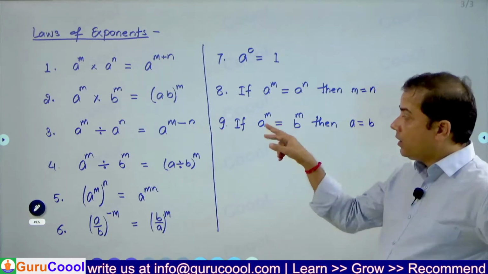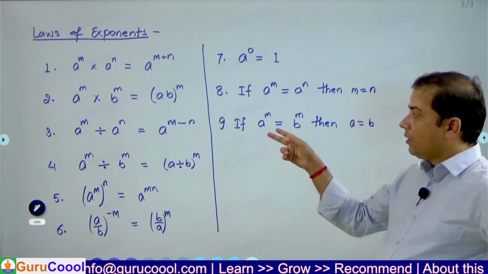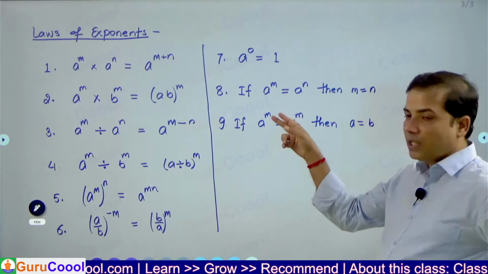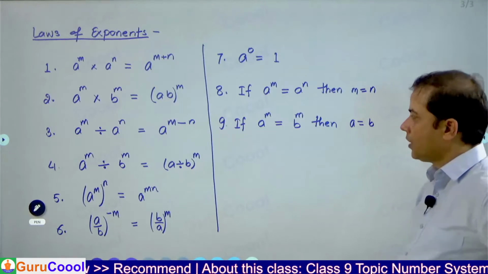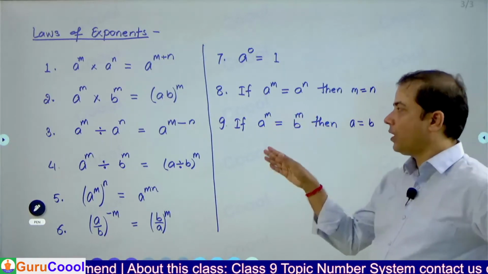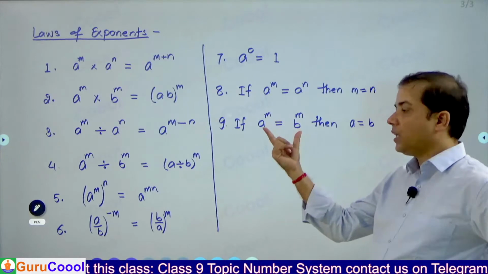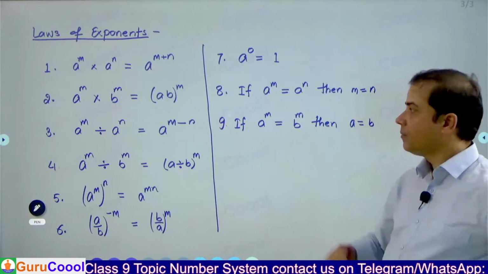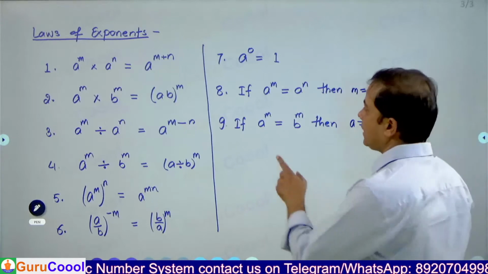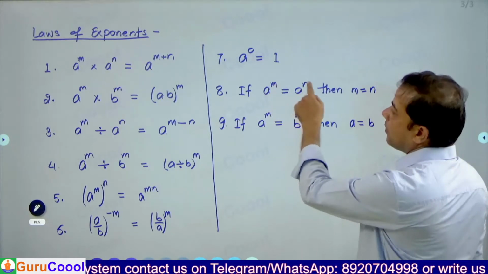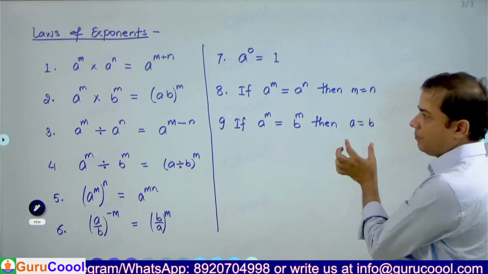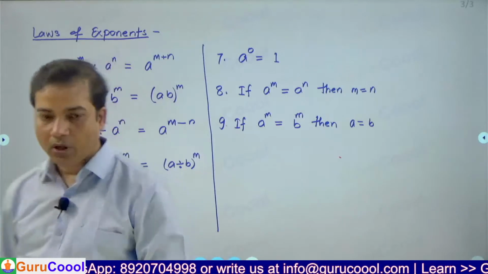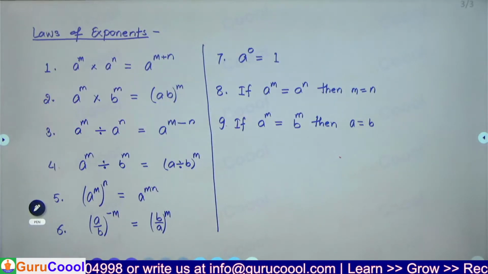Because if either bases or powers are not same, they can't be equal. Both of them must be equal together, then only they will be equal. Got it? Yes, sir. Well, now let's move on to the next question.